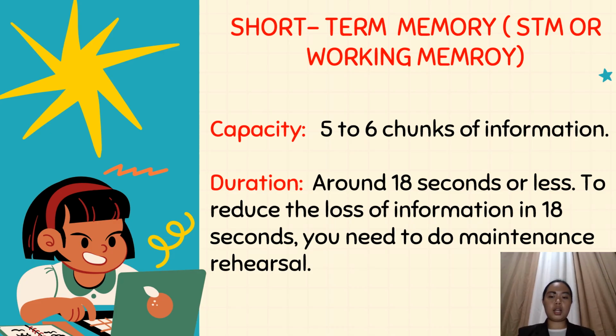A chunk can be a single item or a group of related information, for example, remembering a phone number. The duration of STM lasts about 18 seconds or less before it fades away, unless we make an effort to keep it.